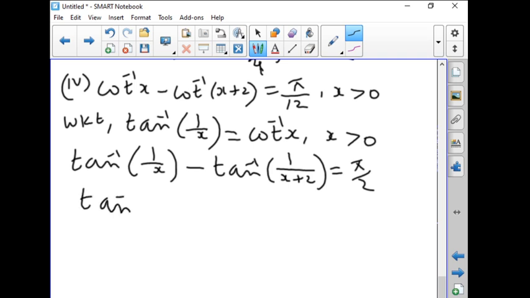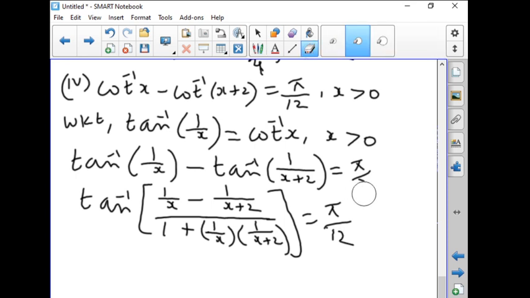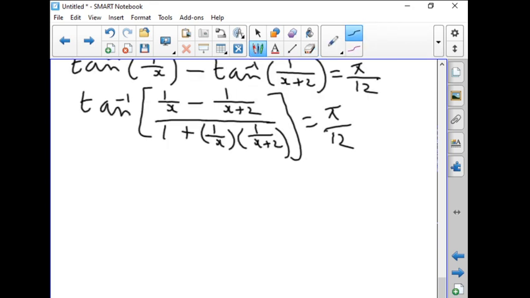So we get tan inverse of 1 by x minus 1 by x plus 2 by 1 plus 1 by x into 1 by x plus 2 is equal to pi by 12. Okay, pi by 12.